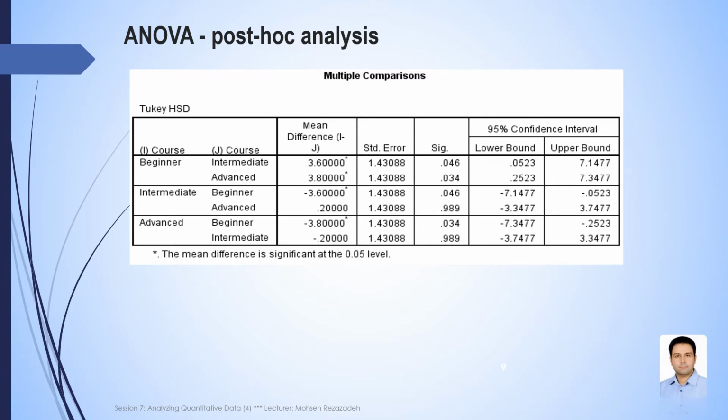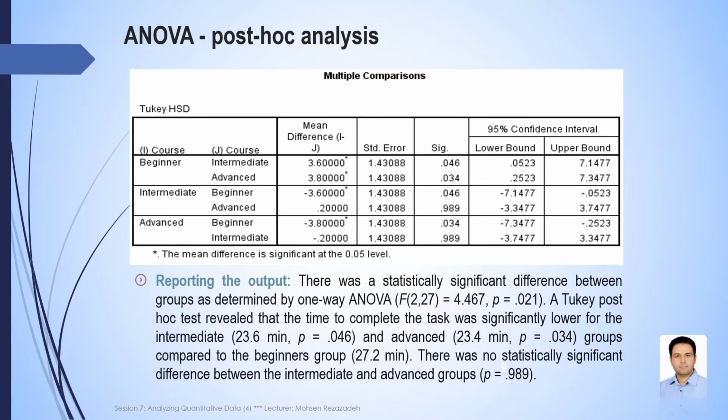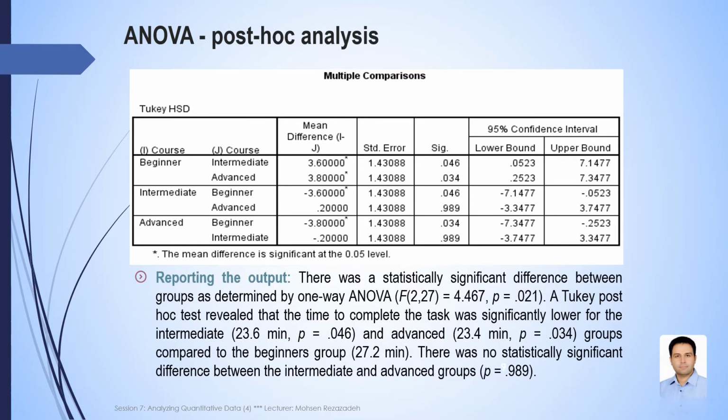We can see from the table below that there is a statistically significant difference in time to complete the problem between the group that took the beginner course and the intermediate course. If you look at the sig column, you can see that the p-value equals 0.046, which is below 0.05.